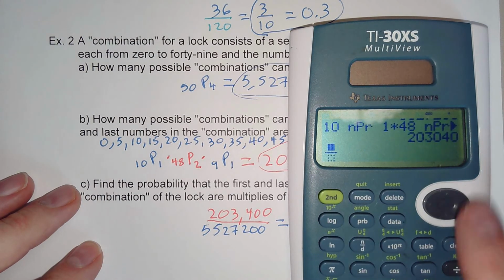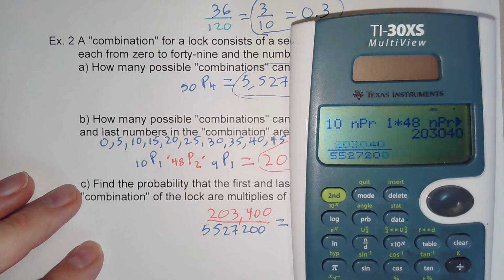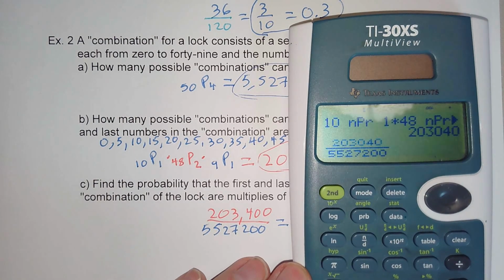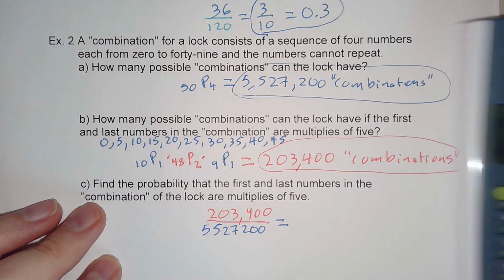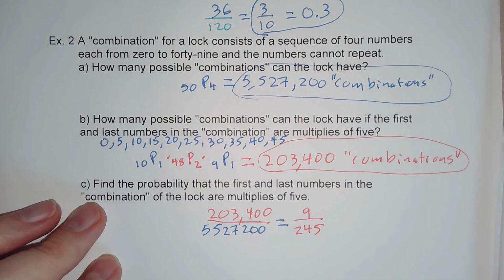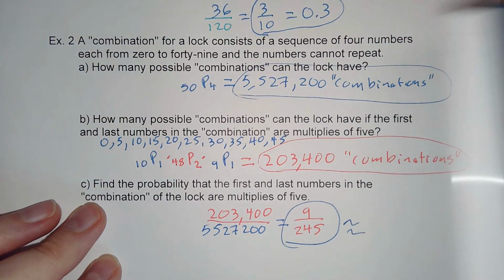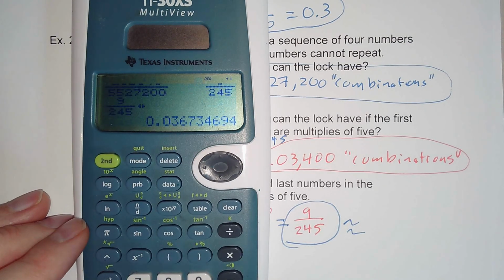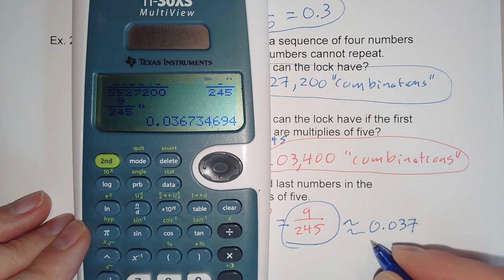So I'm going to do a fraction key and grab that first number, enter, arrow down. I'm going to need to enter the second number, 5527200. Hit enter. Oh, it does reduce. So that's 9 over 245. I was wrong then. And let's get the decimal here, so double arrow key. It's about 0.037 if we round it off.